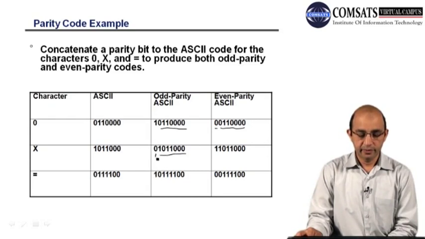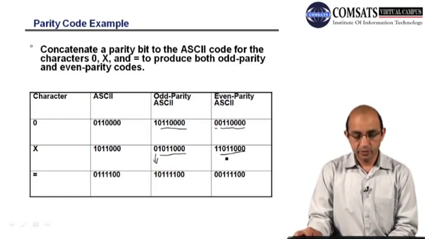And if a 0 is here, it means the number of ones are odd, right? We are using odd parity, right? So with even parity, the receiver side knows that we are using even parity, and the total number of ones should be even, right?